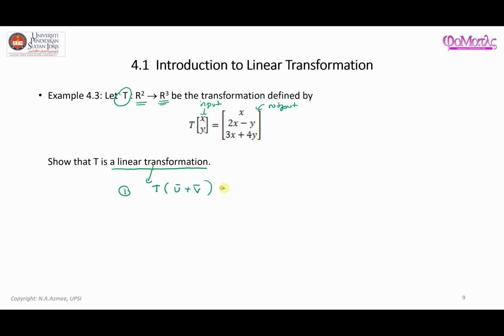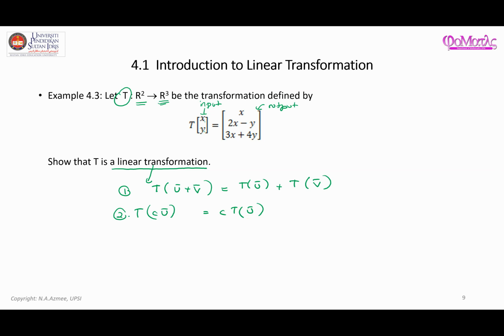We must show that it is equal to T with input vector u plus T with input vector v. And the second condition is that T of c times vector u must be equal to the right hand side of this equation.